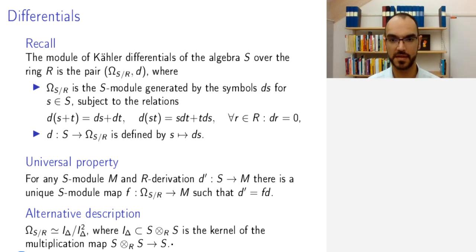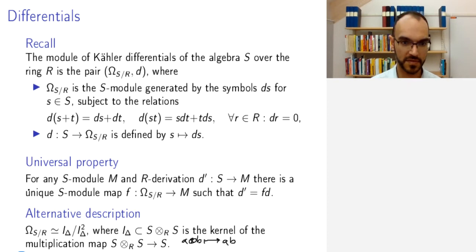So S is an R-algebra. This means that we have a map from S tensor S to S that maps a tensor b to the product ab. And it works like this on pure tensors and is extended by linearity.